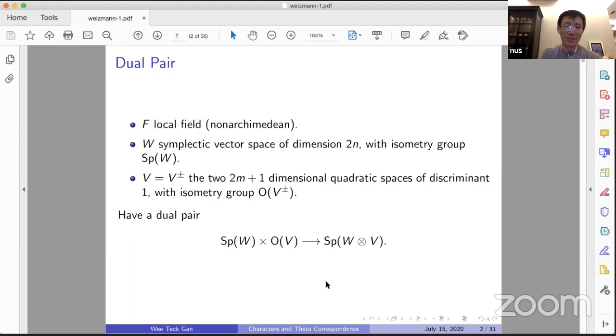This is an example of a dual pair. There is a full classification of these, and one could take Hermitian and skew-Hermitian spaces over a quadratic extension of F and so on, but just to fix ideas, in this talk we work with a symplectic space and an odd dimensional quadratic space.